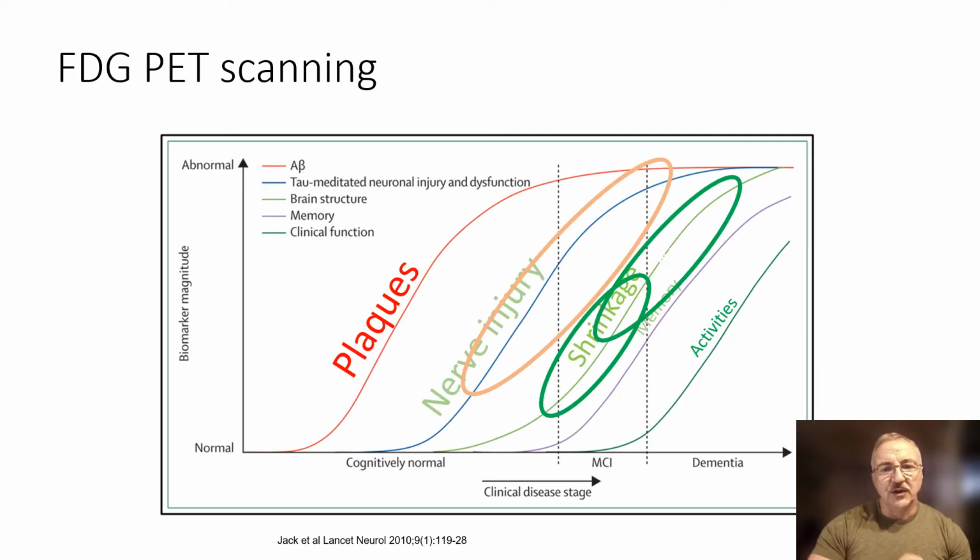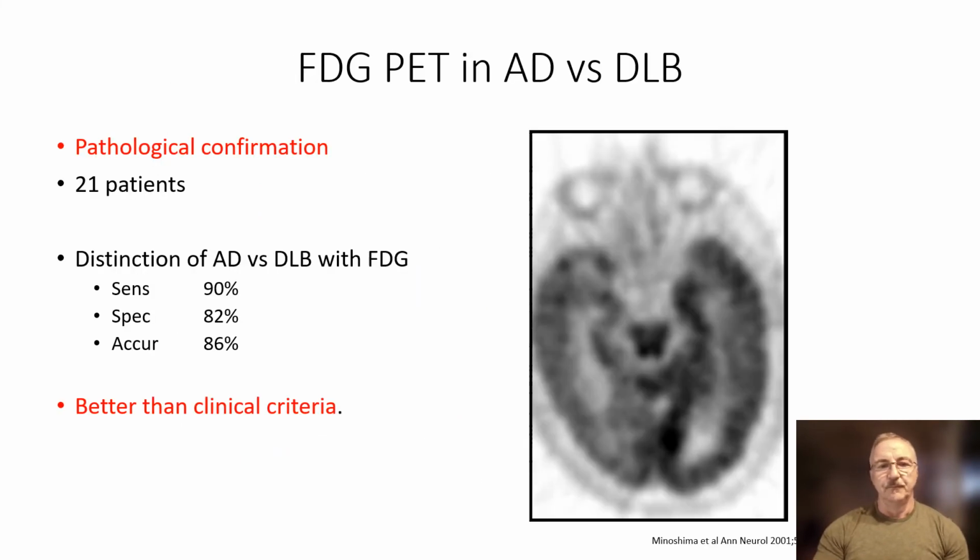And so the orange oval is showing that FDG PET-CT, again, is reaching further and further back into this model of staging of the disease itself. If we quickly look at some pathological studies comparing, can you distinguish Alzheimer's disease from dementia with Lewy bodies?